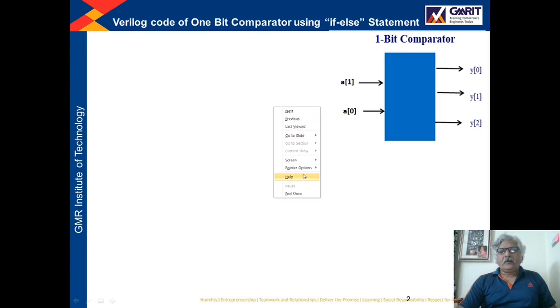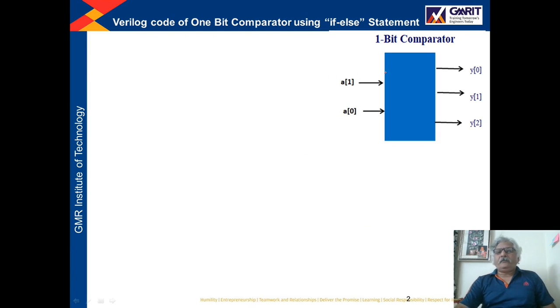So here this is the block diagram of one bit comparator. So there are two inputs, A1 and A0. Intentionally I have created these two inputs as a vector because I know that since I am going to use case statements, in the case statement the expression should be a discrete type or array type.